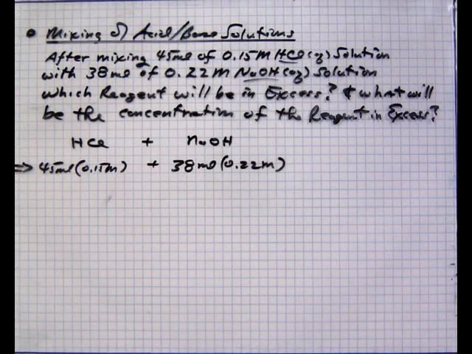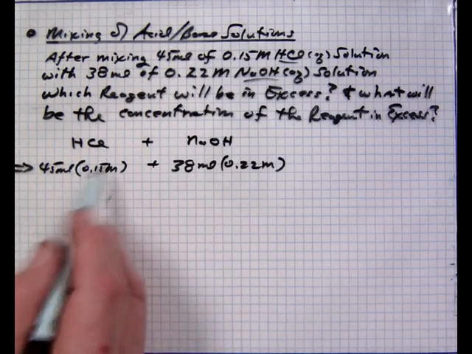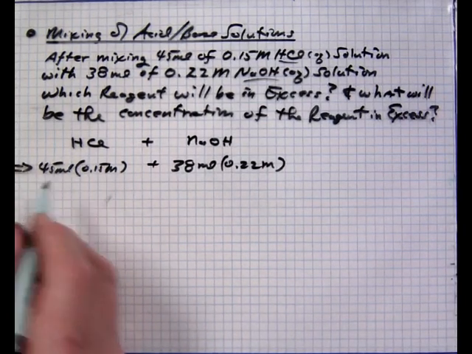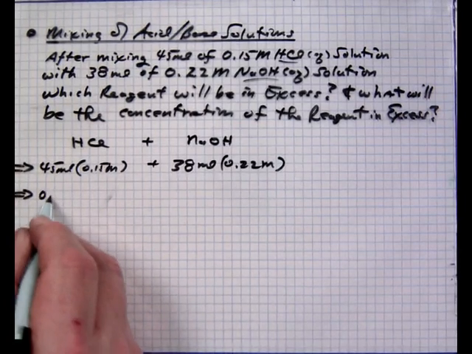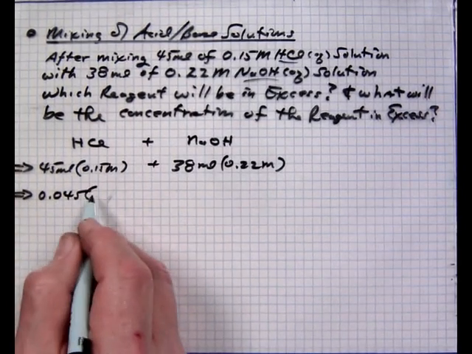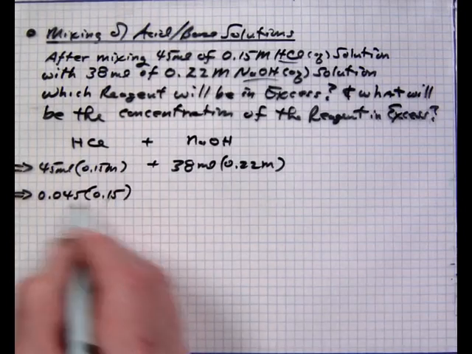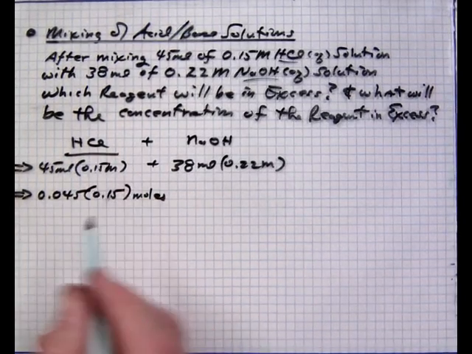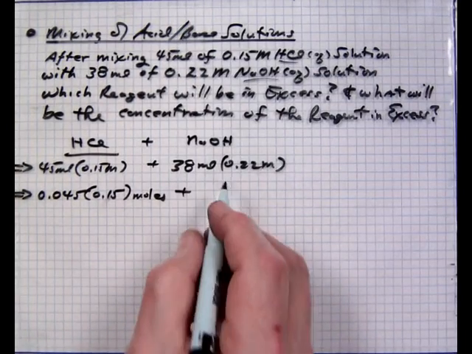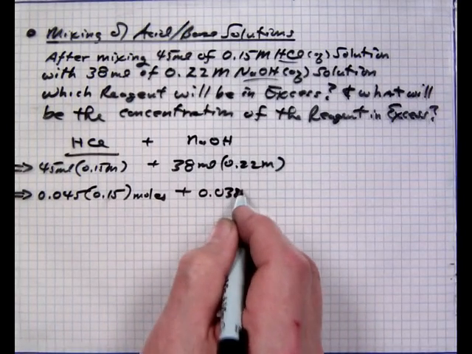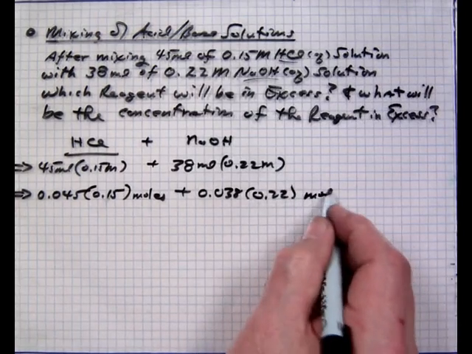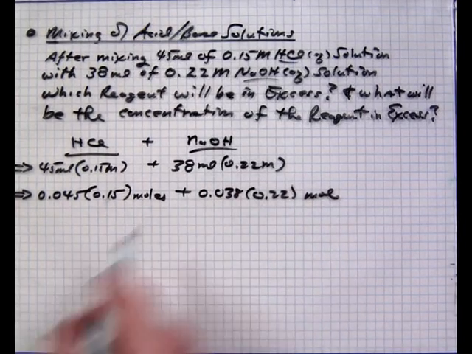Now, when you work one of these, you need to convert to moles, and to convert each one to moles, you have to convert this to liters, divide by 1,000. So that would give us 0.045 times 0.15, and when we multiply those together, we'll have moles of the HCl plus the 0.038 times 0.22 moles of the sodium hydroxide.